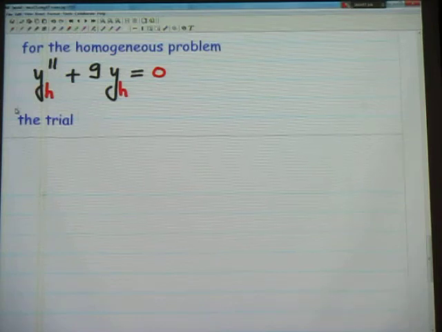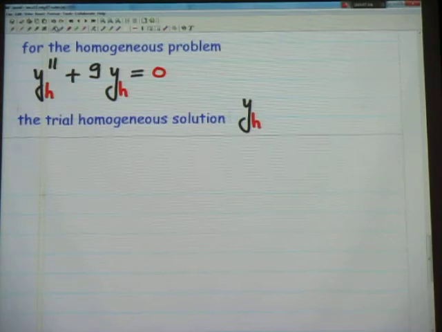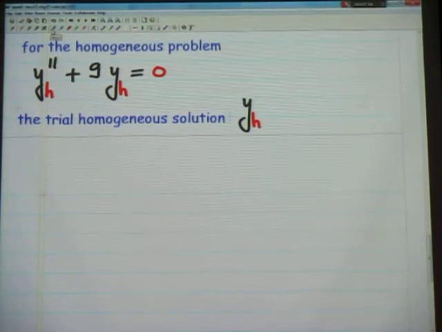The trial homogeneous solution y_H is equal to e to the lambda x.